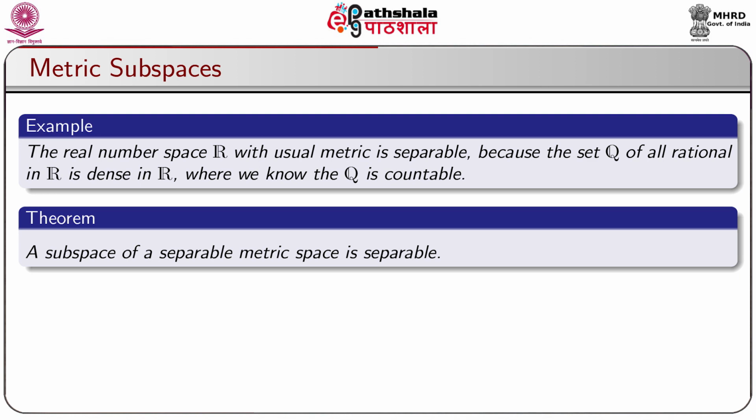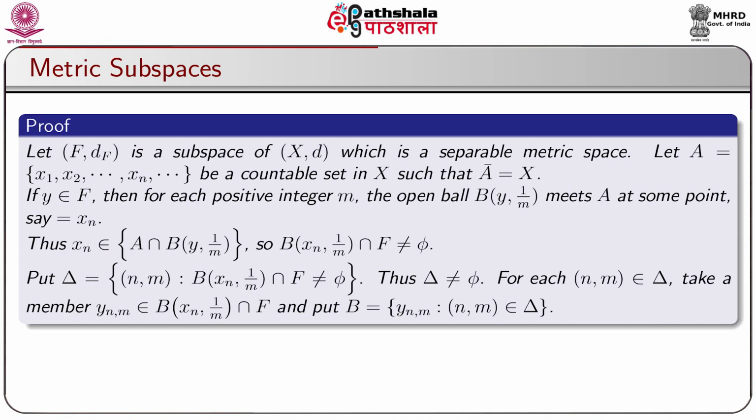In regard to the above definitions, we get a theorem: a subspace of a separable metric space is separable. The proof is like this. Let F, d_F be a subspace of X, d, which is a separable metric space.